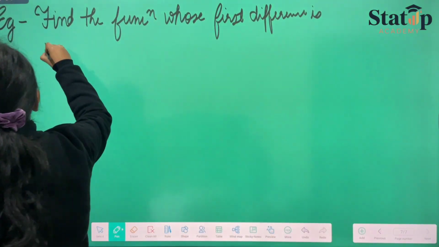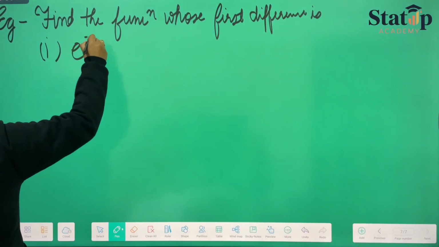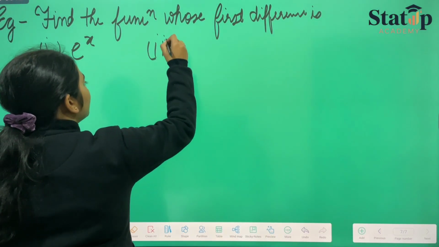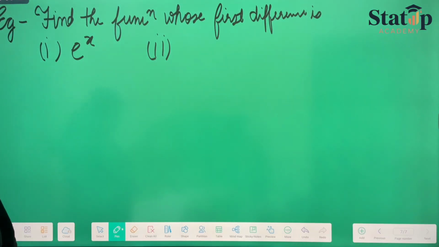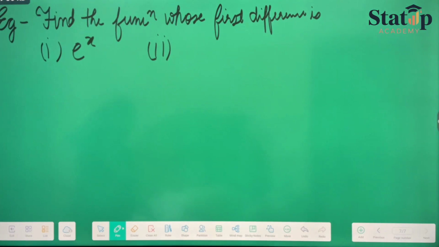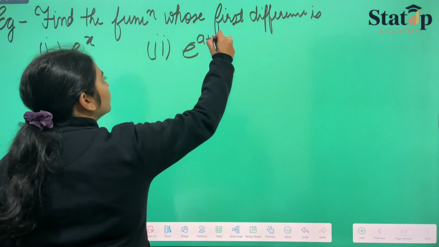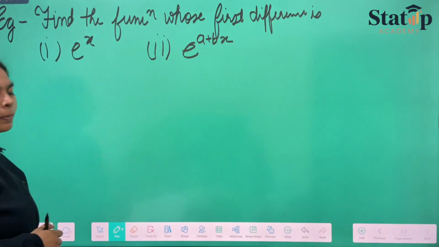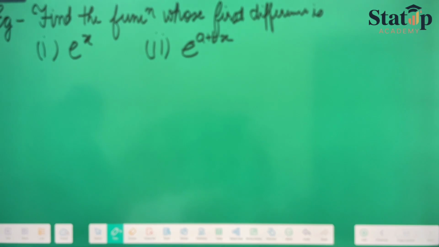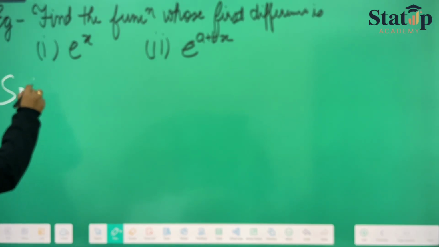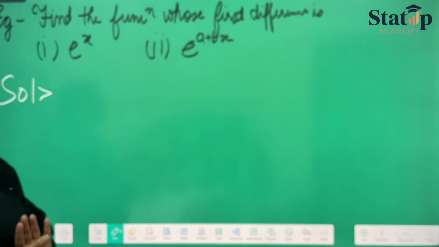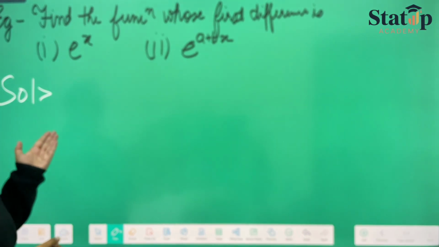There are two parts in here, and the second part says whose first difference is e raised to the power a plus bx. Okay, so this is the question. We have to find the function. We have been given the first difference and we have to find the function.